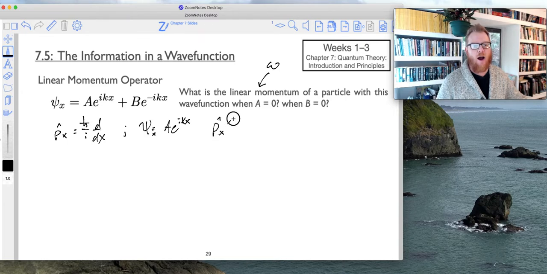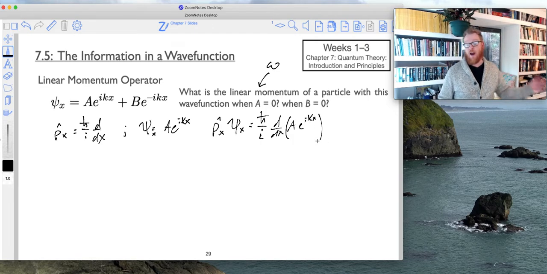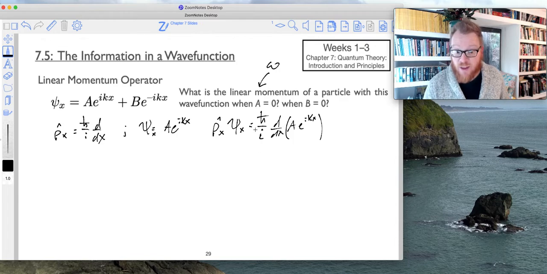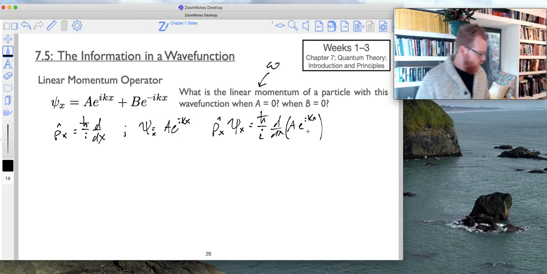When this operates on the wave function, we have h bar divided by i multiplied by the first derivative of psi. I'm putting extra parentheses around here so we recognize the order of mathematics: first we take the derivative of this function, then multiply it by h bar over i.